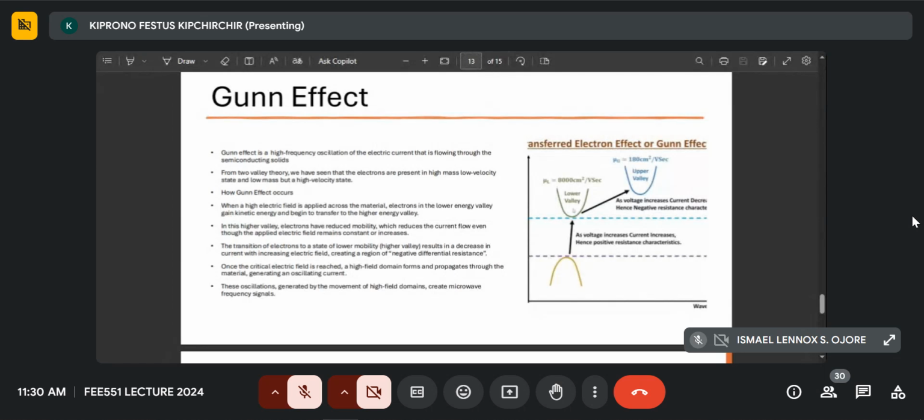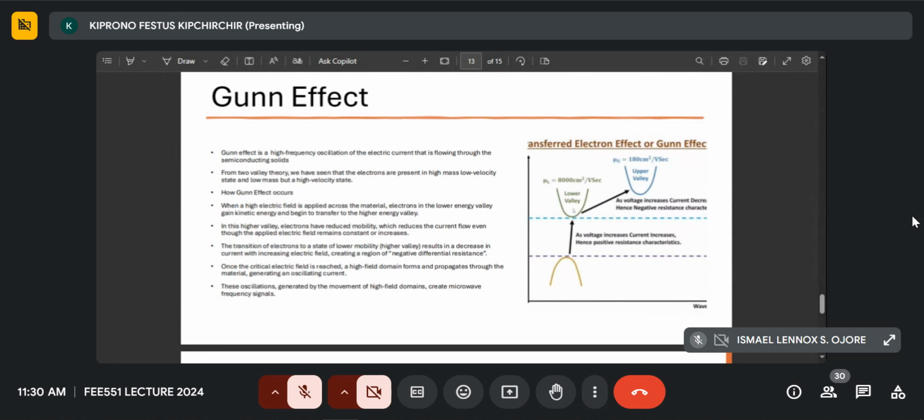Since it's a charge carrier and we have a difference in mobilities between the lower valley and the upper valley, it can tell you something to do with current. The current in the lower valley will be higher than the current in the upper valley. In the higher valley, reduced mobility reduces the current flow, even though the applied electric field remains constant.